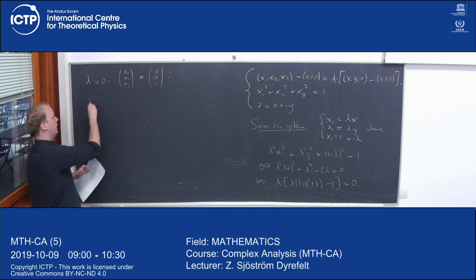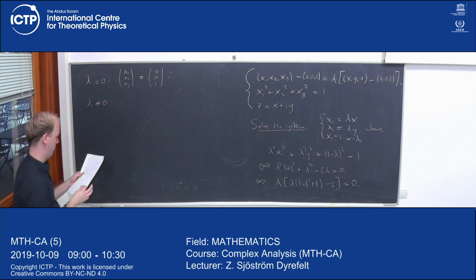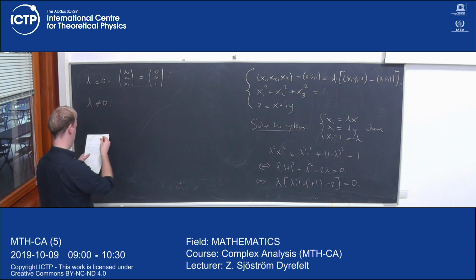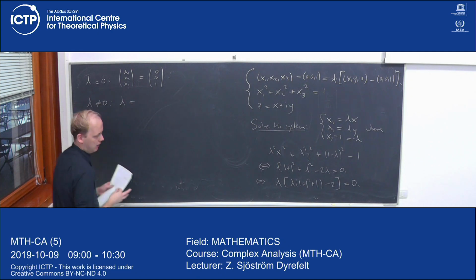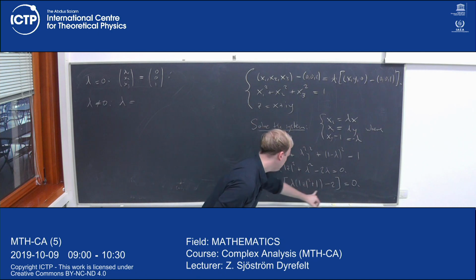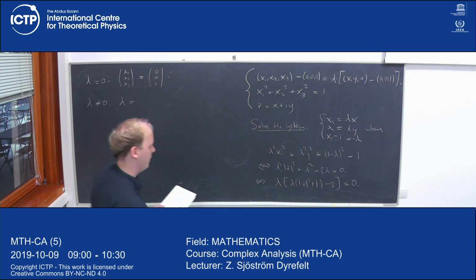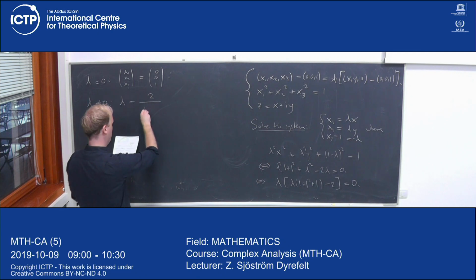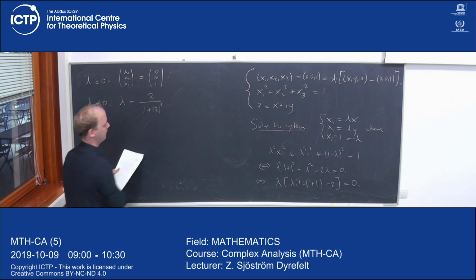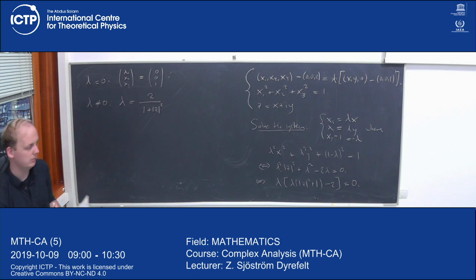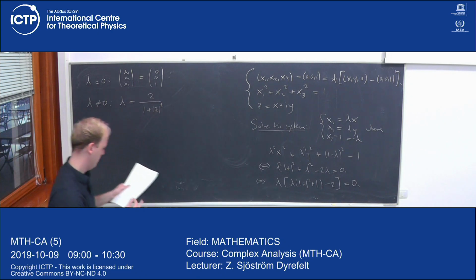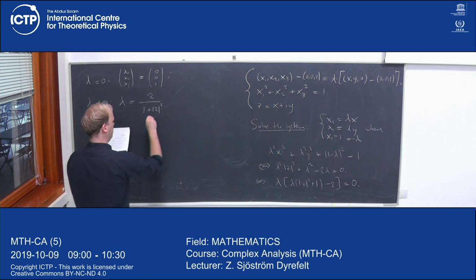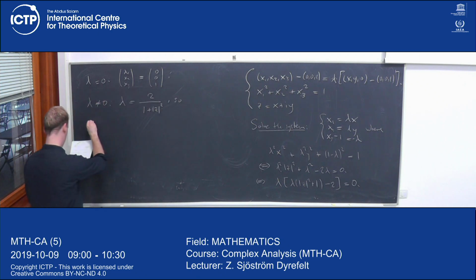And then lambda not equal to 0 is the proper case. So that means this thing is 0, okay? So it means that lambda is equal to 2 divided by 1 plus modulus z squared, because that thing is 0. And so then we want to write down a formula for x1, x2, x3.